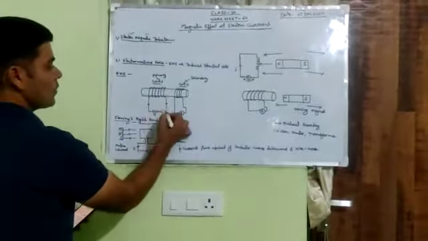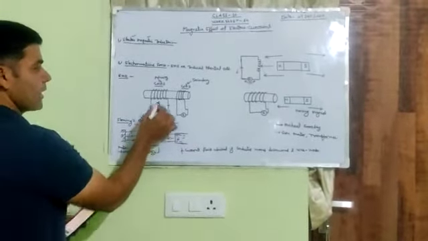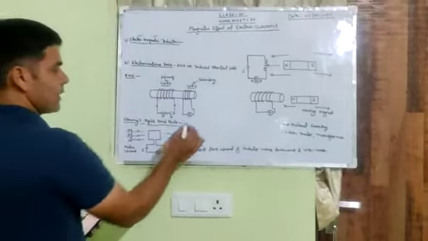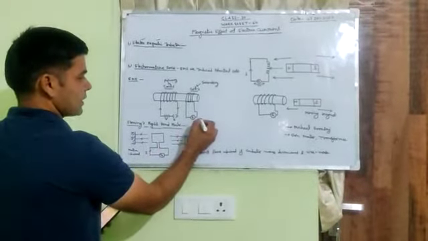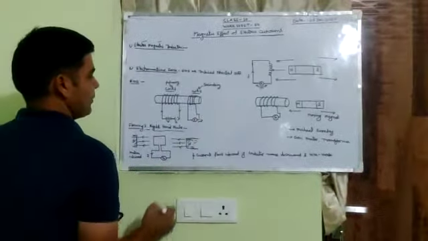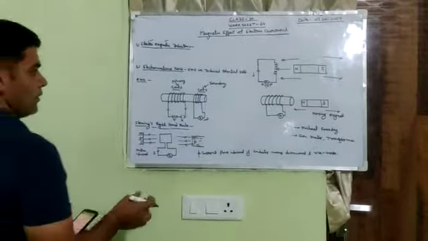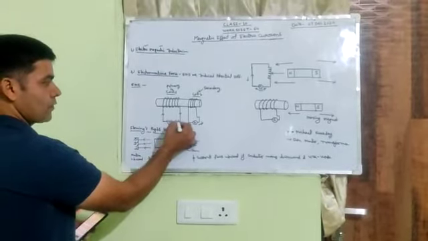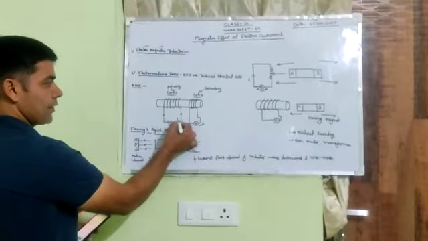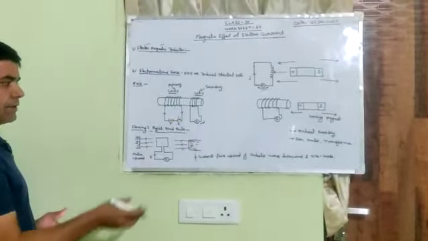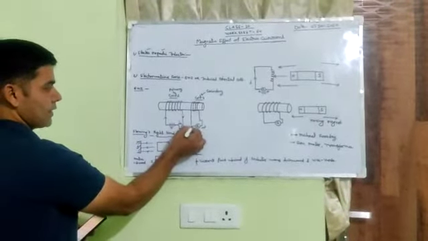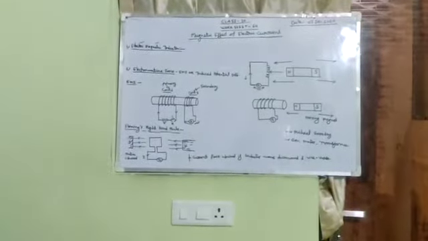Once we switch on this key, there will be a flow of current in this coil, and there will be a sudden deflection in the second coil in one direction. The second time, once we switch off, we disconnect this key, then again there will be a deflection, and that will be in the opposite direction.